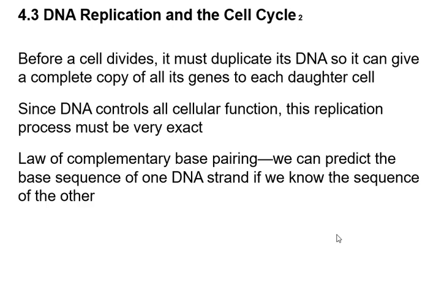Now remember that only about 2% of your DNA is coding, and the other 98% is doing other things. So hopefully if you're going to have a mix-up when you're replicating your DNA, it'll happen in the non-coding region.